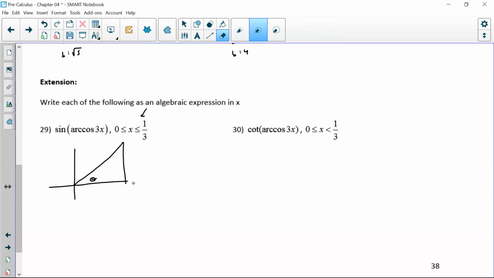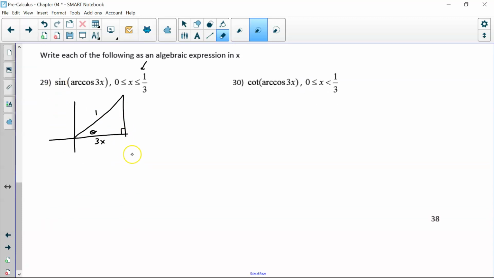So now if we look, cosine, adjacent over hypotenuse. Our adjacent would be 3x and our hypotenuse would be 1. So we need to find our sine, we need to find the opposite. So Pythagorean Theorem, a squared plus b squared equals c squared. So what we have here is 3x squared plus b squared equals 1 squared.